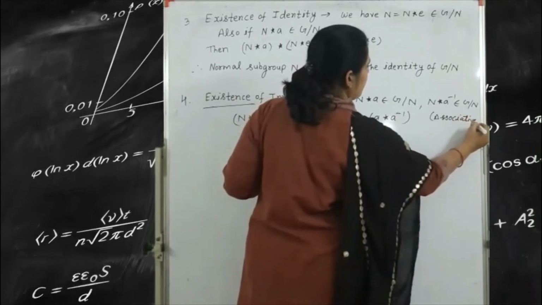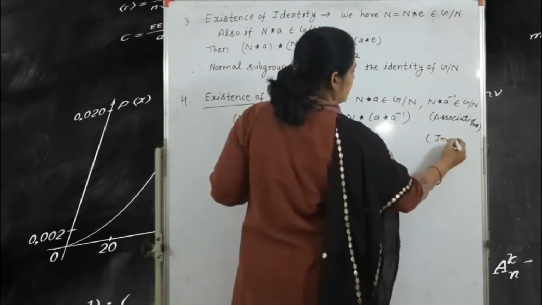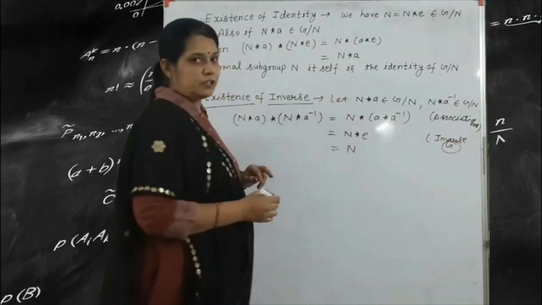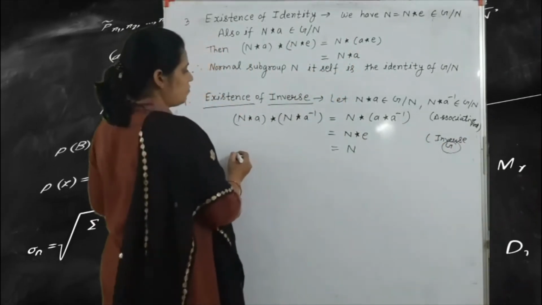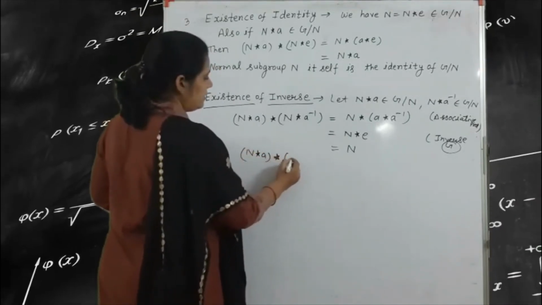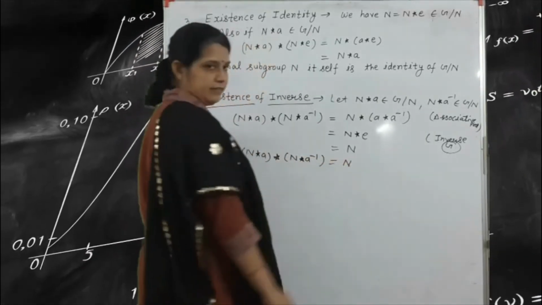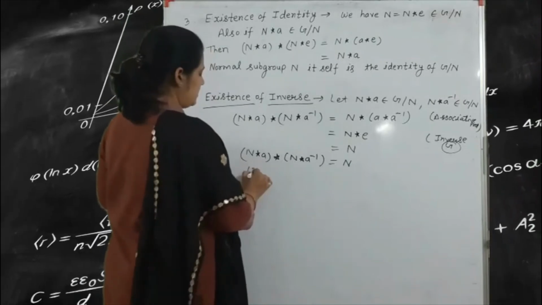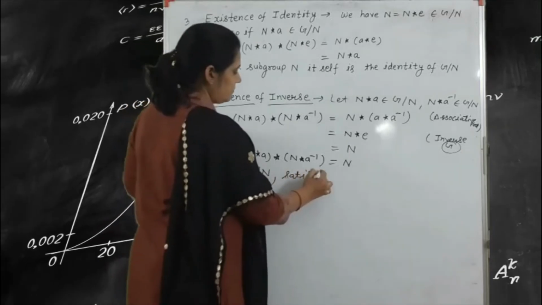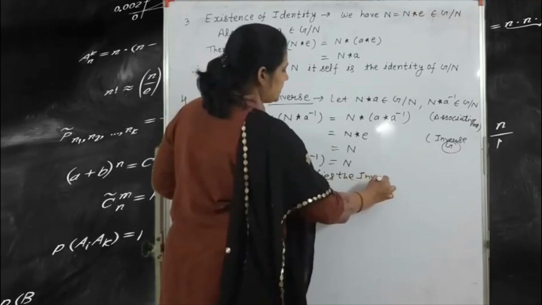And next one is the inverse. Because a and a inverse are elements of the group, N*a * N*a inverse is equal to N. So this G/N satisfies the inverse property.